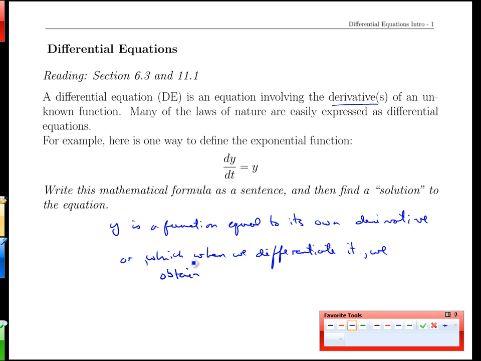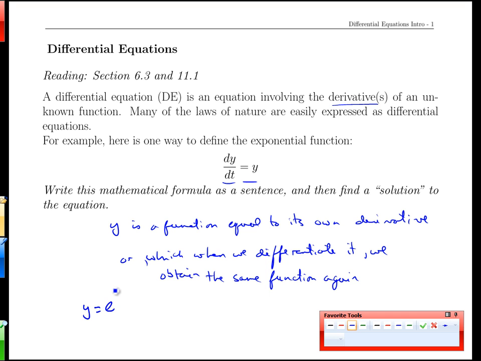And expressing it that way, I think makes it very clear that's the exponential, the natural exponential we're talking about. All right. So that's an equation with a derivative in it. So this is a differential equation, and somehow we're talking about the exponential function here.